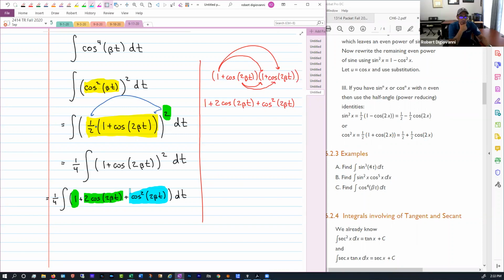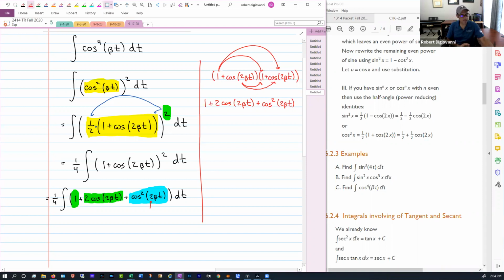So you're telling me that we now have to do the antiderivative of cosine to an even power? Again? Yes. We already did that, no? That's exactly what we did, so that's actually the problem that we did right before this. So aren't we going to have to use that half angle identity again just for that part of the problem? Now I said it's exactly, it is not exactly because we actually have a 2 beta t in here.